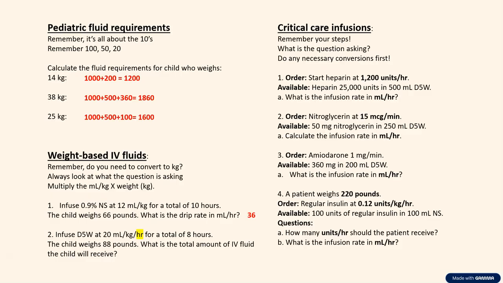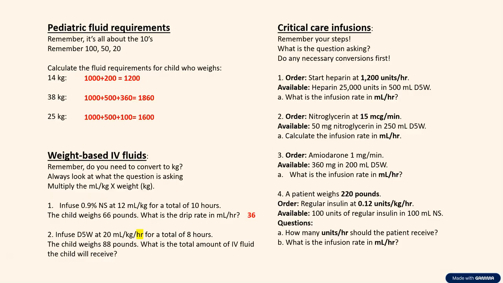Second question. It's asking something different. It's saying to infuse D5W at 20 milliliters per kilogram for a total of 8 hours, for a child who weighs 88 pounds. What is the total amount of IV fluid the child will receive? This is asking you something different, so let's look and say, okay, it's asking me for a total amount of fluid.